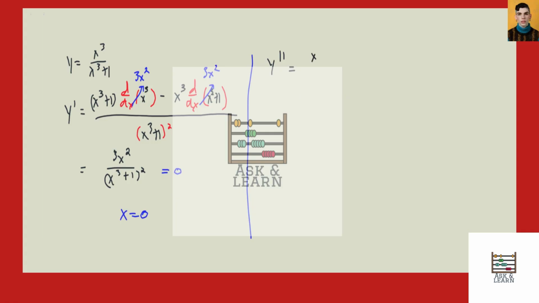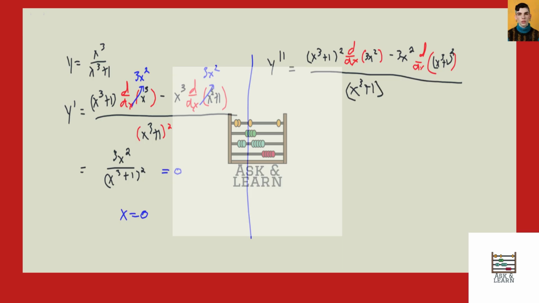So it's going to be x cubed plus 1 squared times the derivative of what's in the numerator, 3x squared, then minus them in the opposite order, so 3x squared times the derivative with respect to x of x cubed plus 1 squared all over x cubed plus 1. So before it was squared, so now it's going to be to the 4th power.